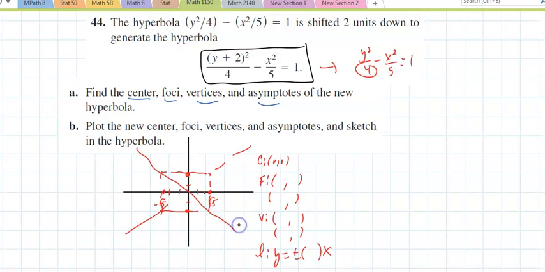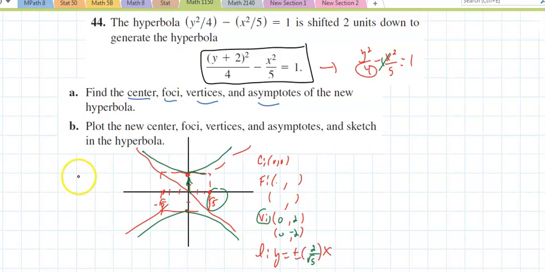I notice the negative is in front of the x, so the graph looks like that. First things first, I know the vertices are 0, 2 and 0, -2. That's very important, right? I know the rise is 2 units, and the run is radical 5 units. The only thing missing is the foci.